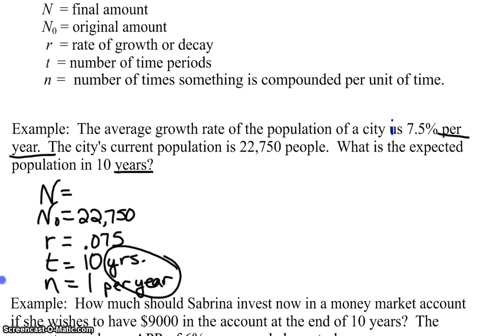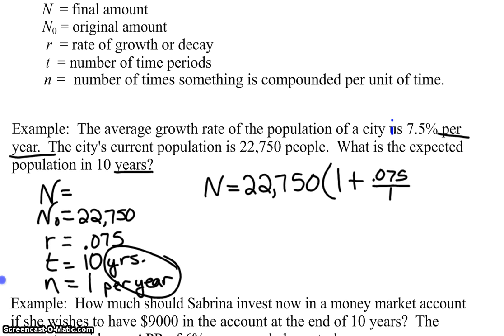Now, we simply substitute the numbers in. So N equals 22,750 times 1 plus 0.075 over 1, to the 1 times 10.